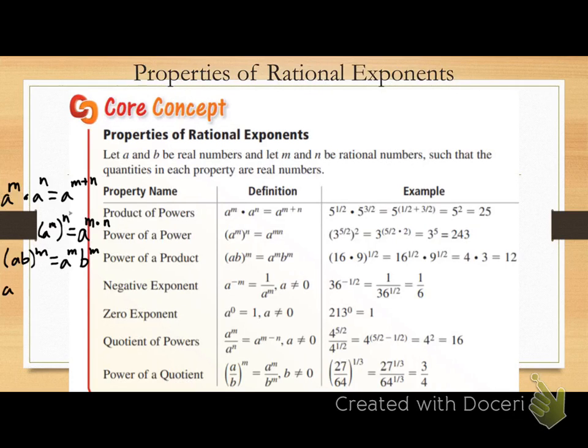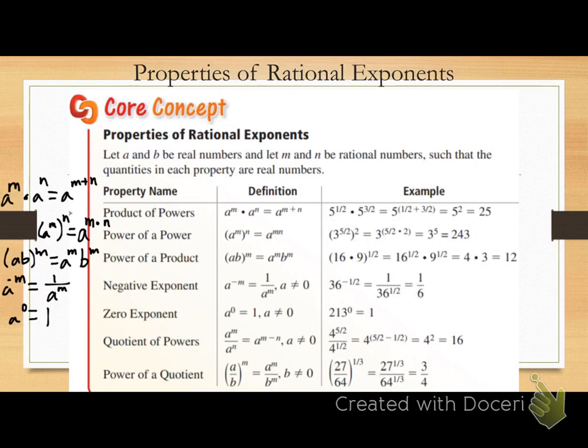Negative exponent. Remember, if I have a negative exponent, to make it positive, I change its position in the fraction. So a to the negative m becomes 1 over a to the m. Zero exponent. Anything raised to the 0 power is 1, not 0.